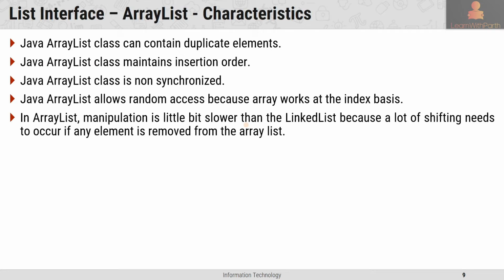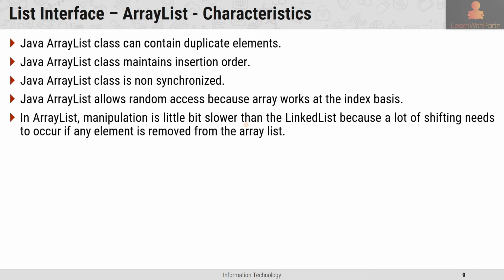This is the difference between the ArrayList and the LinkedList, because a lot of shifting needs to occur if an element is removed from the ArrayList. The ArrayList is basically implemented as an array, and as we know, the limitation of the array is that its size is fixed, whereas in the case of ArrayList, its size is not fixed; it can have a dynamic number of elements.